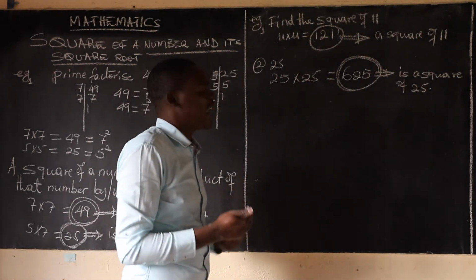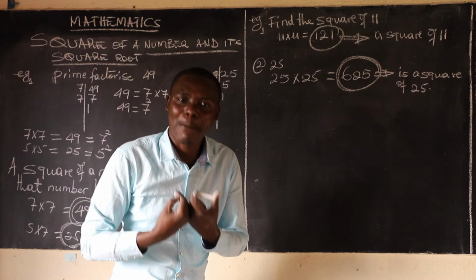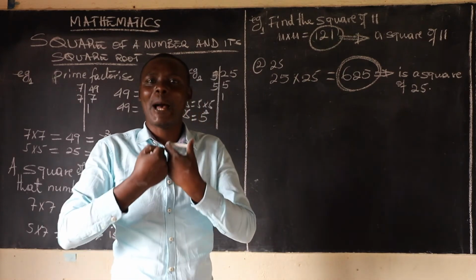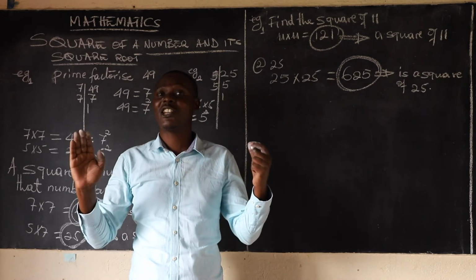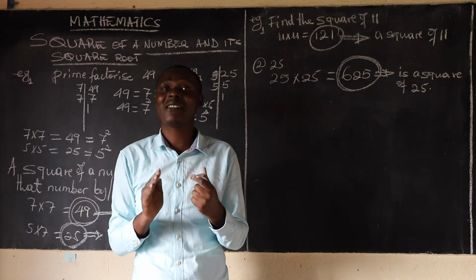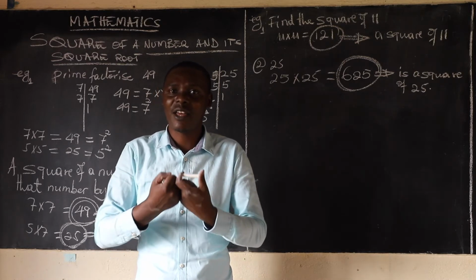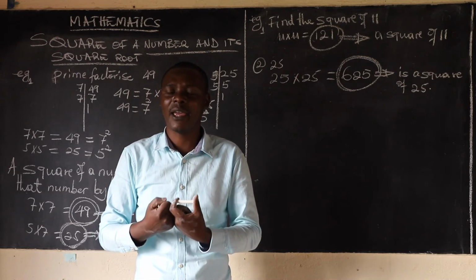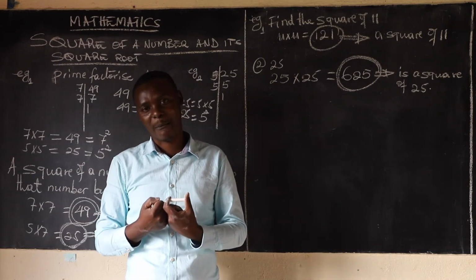Now, if we say a square of a number, it simply means a product of that number by itself. Any integer multiplied once with itself, the result or the product or the answer we get is known as the square of that number.